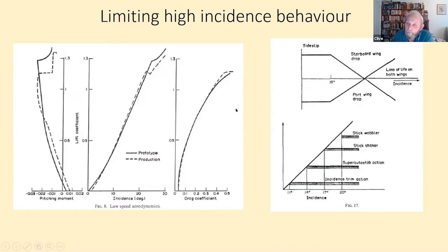In terms of the Concorde, when you keep on increasing the incidence, especially if you've got any side slip, you find that the vortices, in any case, will break down downstream of the wing.